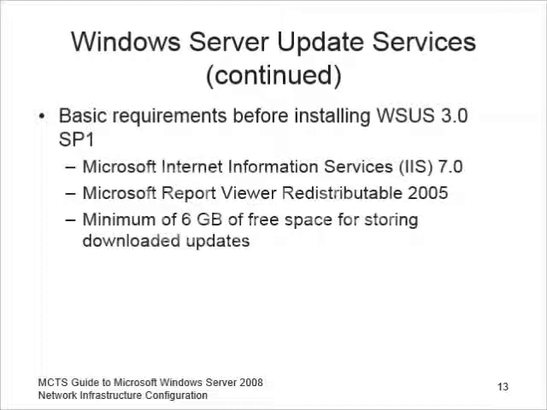In prior versions of WSUS, all administration of the service took place through an administrative website. In the new version, that is 3.0 and later, the administration now takes place through an MMC snap-in installed on the WSUS server or a remote computer.